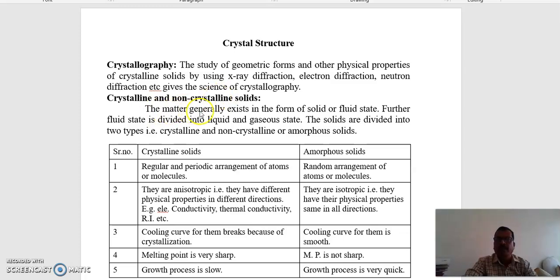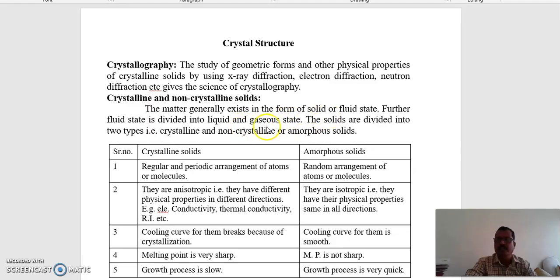Matter generally exists in the form of solid and fluid state. Further, the fluid state is divided into two types, that is liquid state and gaseous state.